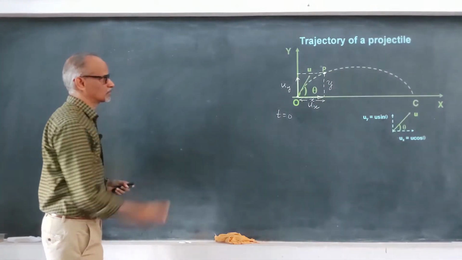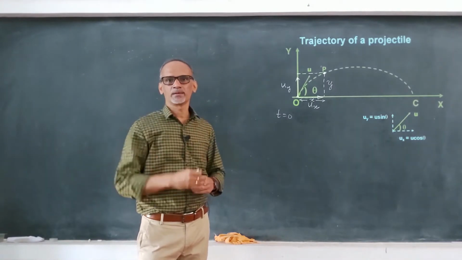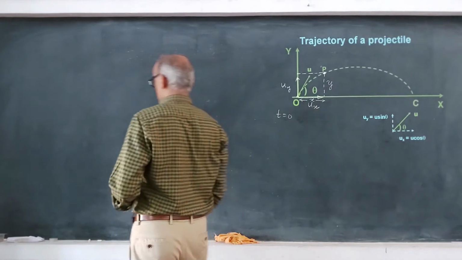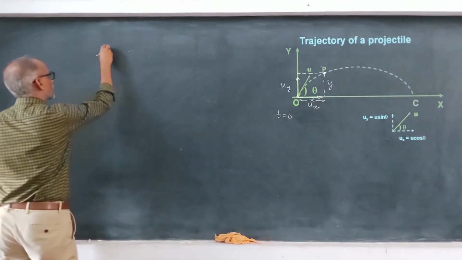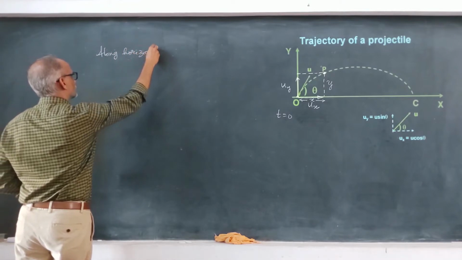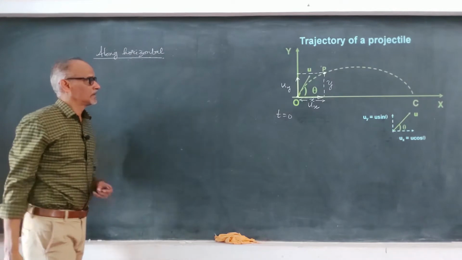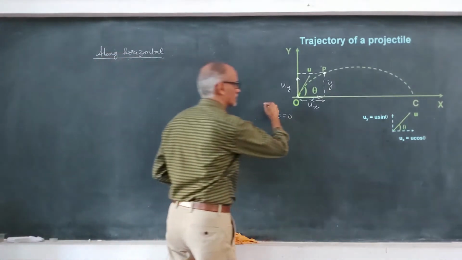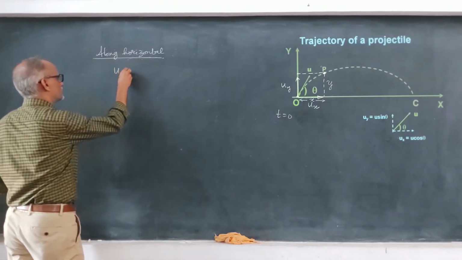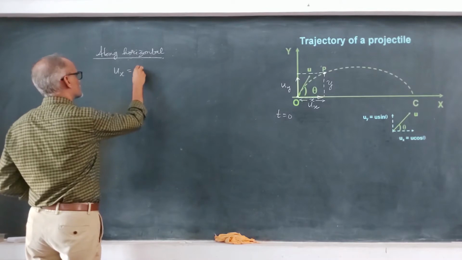Now, let us take two separate motions, one along the horizontal and the other along the vertical. First, I am going to consider only the motion along the horizontal. Along the horizontal, what is the initial velocity? Initial velocity is equal to u cos theta.